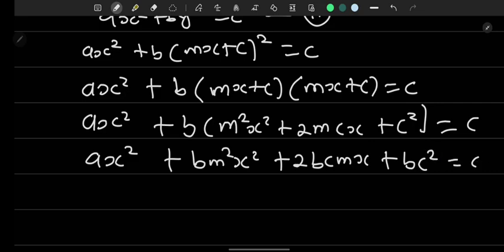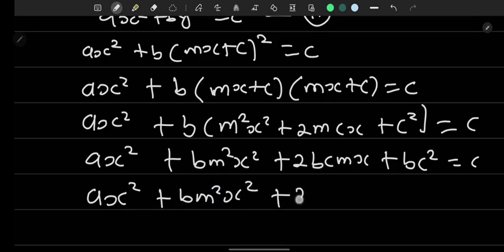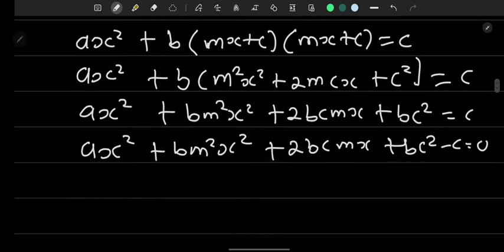So the next thing is to rearrange this such that we equate the equation to 0. Meaning that you have ax squared plus bm squared x squared plus 2bcmx plus bc squared minus c equals 0. The next step is to rewrite this final result in terms of a quadratic equation.